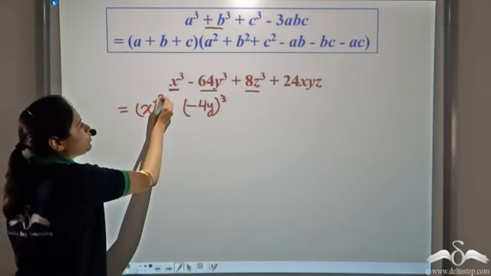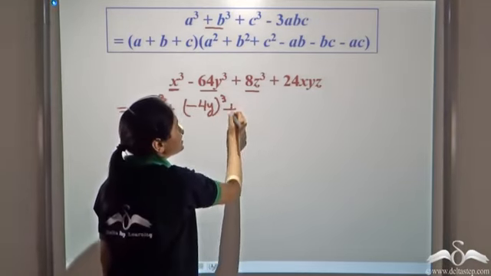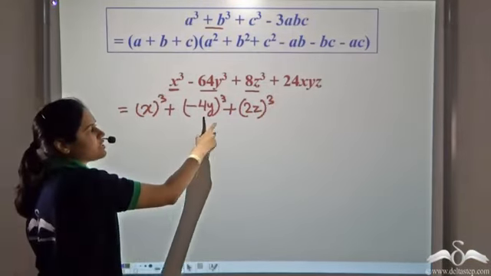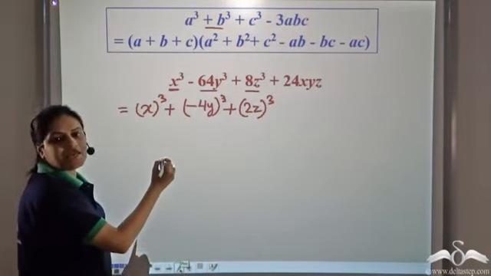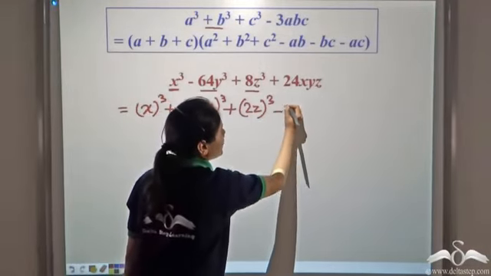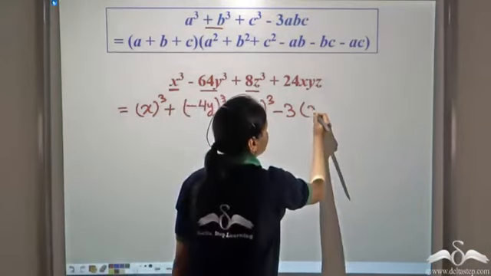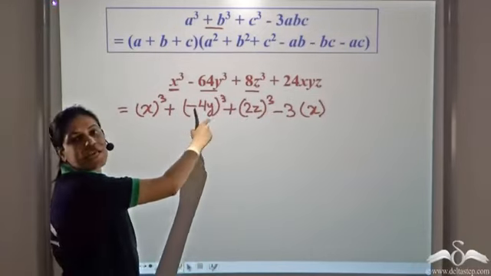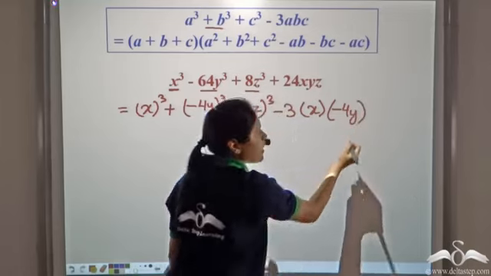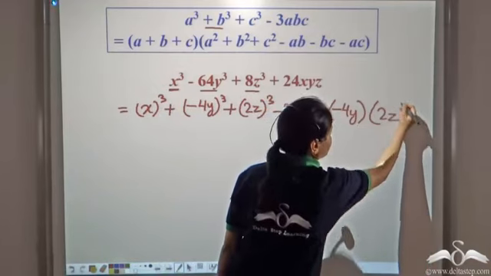We have x cube plus minus 4y whole cube plus 2z whole cube. This is a cube plus b cube plus c cube. Now let's see what we have as minus 3abc. So minus 3 into a is x, b is negative 4y, so we write negative 4y, and c is 2z, so we write 2z.